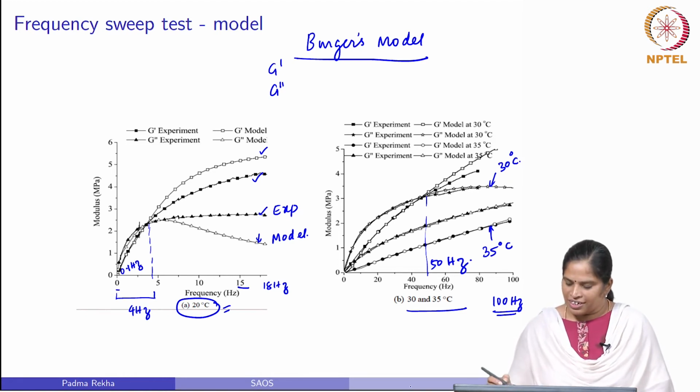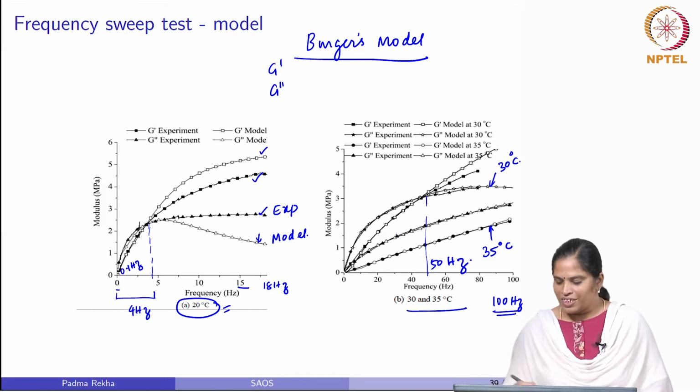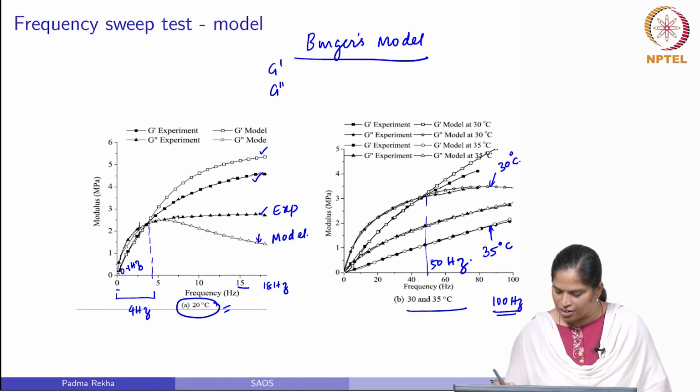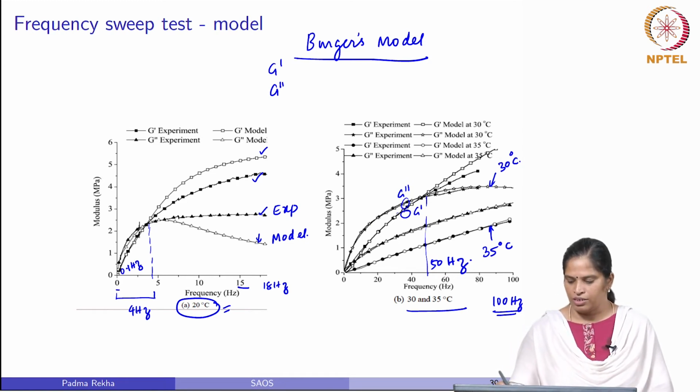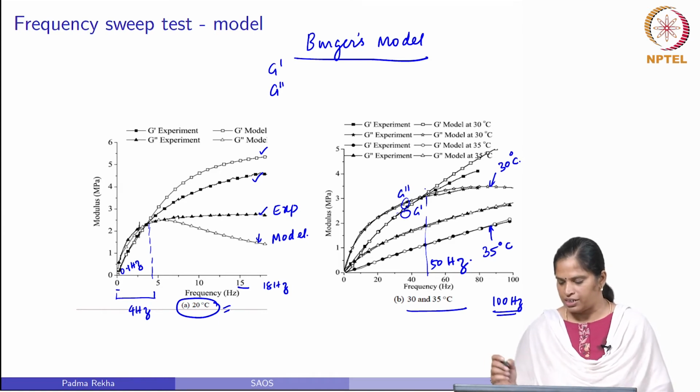So, we can say that it can predict the response of a bitumen when it exhibits a fluid-like behavior. If you see here, below 50 hertz, you can see the loss modulus or viscous modulus dominating the storage modulus or elastic modulus. So, in this range you have good predictions of the model and experimental data.